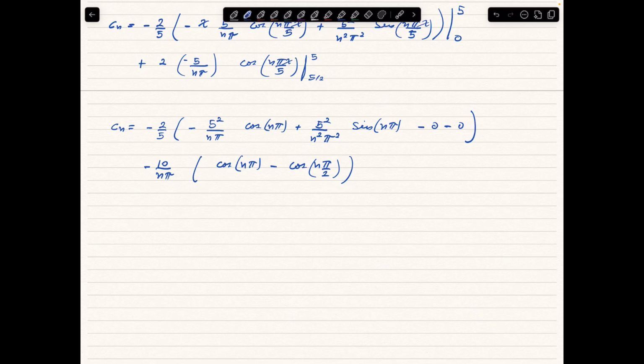Good. One further simplification: the sine of n pi is actually 0, and the cosine of n pi in both terms here is equal to -1 to the power n.